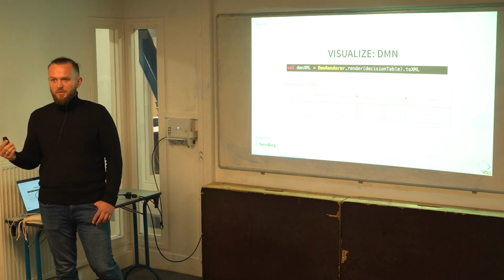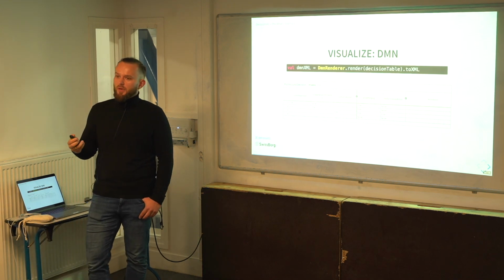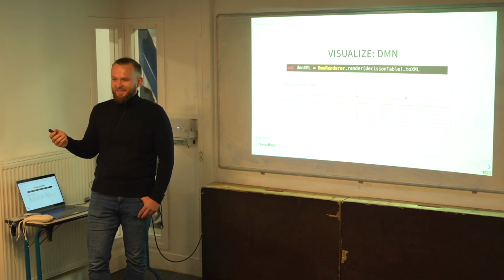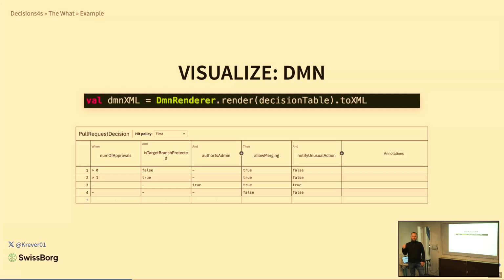And now it's a good moment to talk a little bit about DMN. Anyone heard about it before? Perfect. So DMN stands for Decision Model and Notation, and that was the primary source of inspiration for Decisions4s. DMN is a standard from the business modeling community. It was created in 2015 or something, an open standard. It comes with quite a lot of tooling.